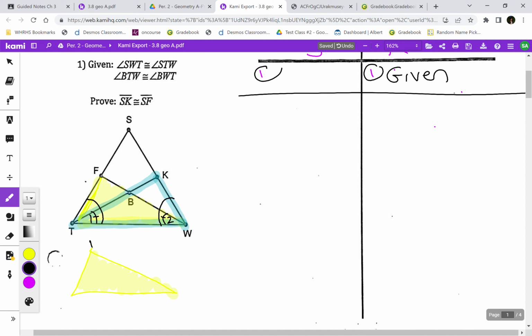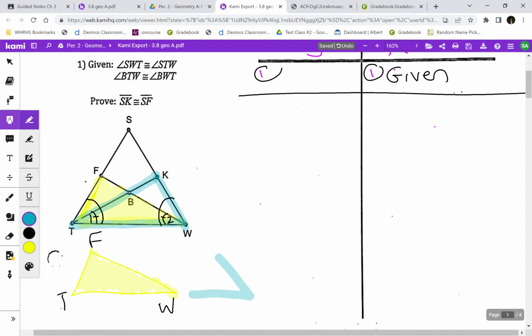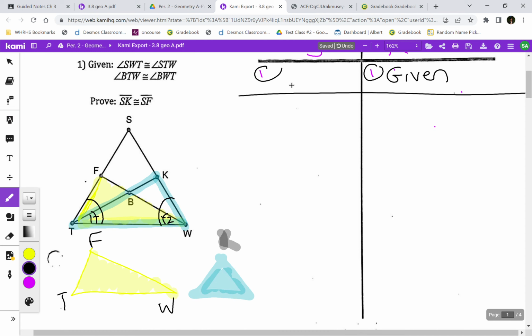We have FTW and KTW. We have the big angle by T congruent to the big angle by W. We have angle 2, which is right here, and angle 1, which is right here. So right now we have two angles. What else can we say we have? Mia? TW reflexive.